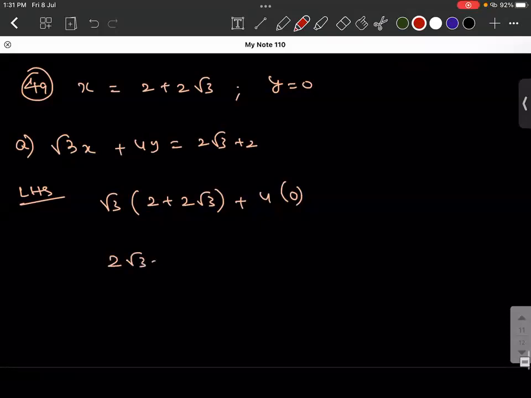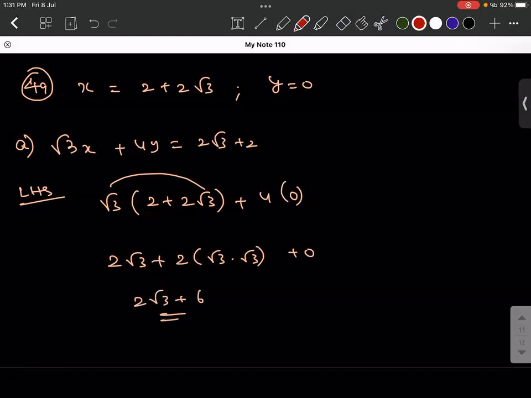So I get 2 root 3 plus 2 into root 3 into root 3. This root 3 and this root 3 will get multiplied. So 2 into root 3 into root 3 plus 0. So 2 root 3 plus 6 will be the answer. So it is not matching with the RHS.